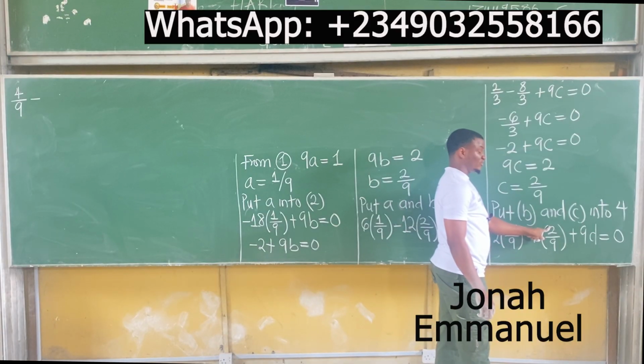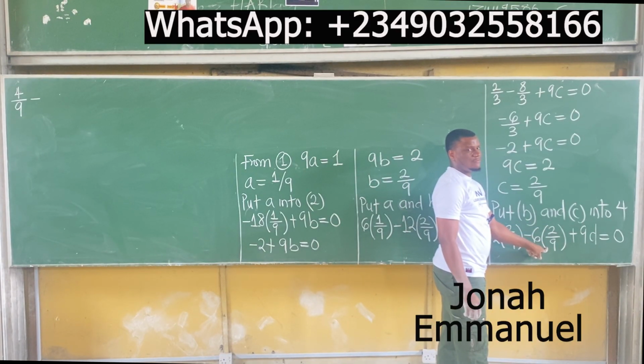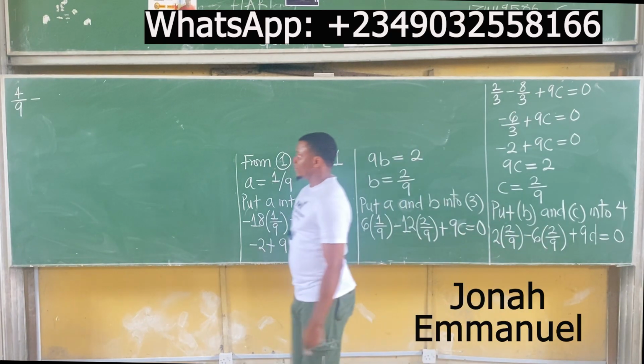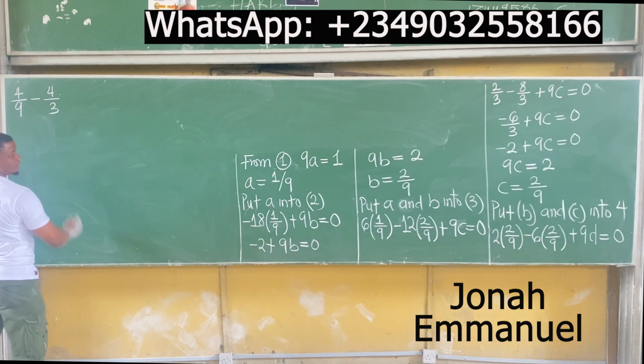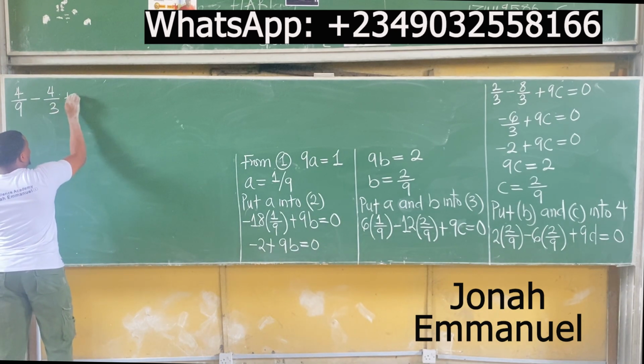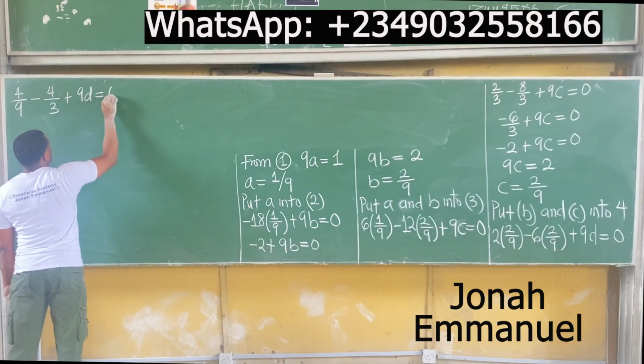Minus 6 times 2 is 12. 12 over 9 in lowest term is what there? 4 over 3. Right? Minus 4 over 3 plus 9d is equal to 0.